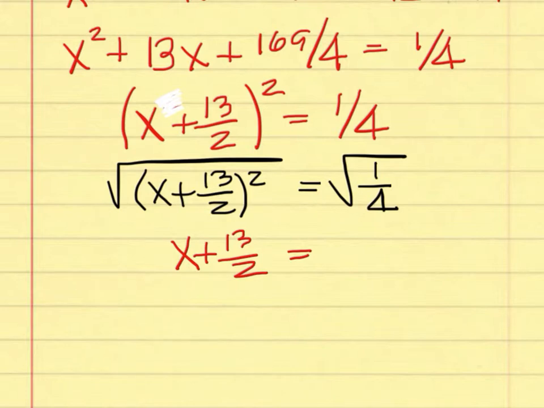Close. What is the square root of 1 over 4, Deems? Nope. Square root of 1 over 4, Garrett. 1 over 2 is close. What's the square root of 1/4, Wilburn?